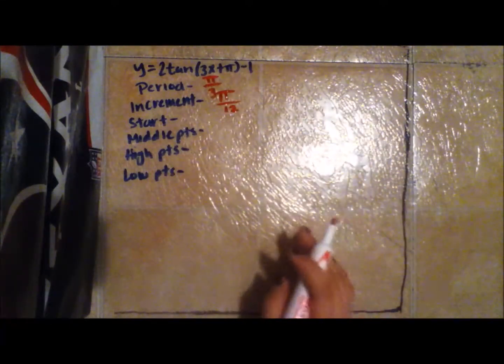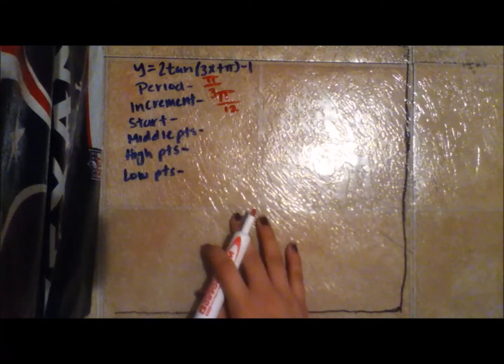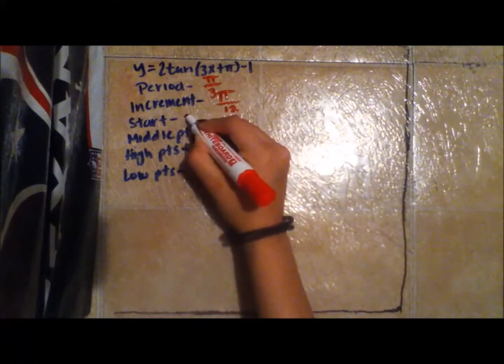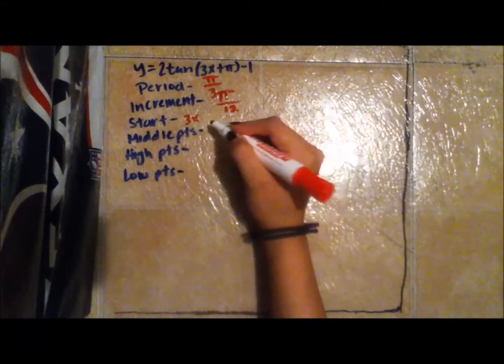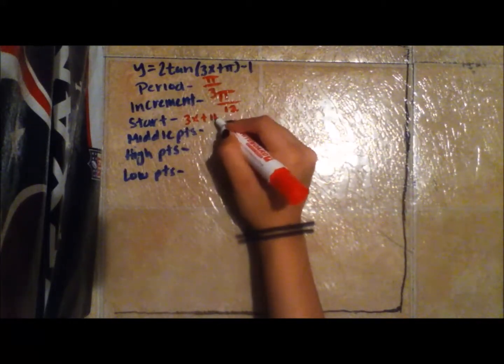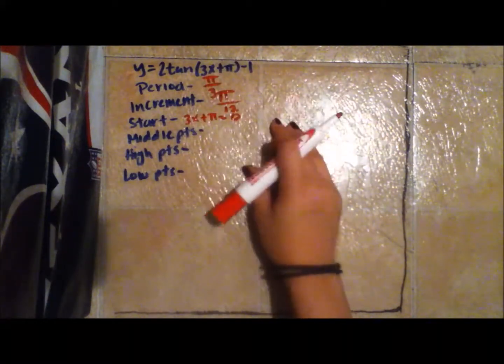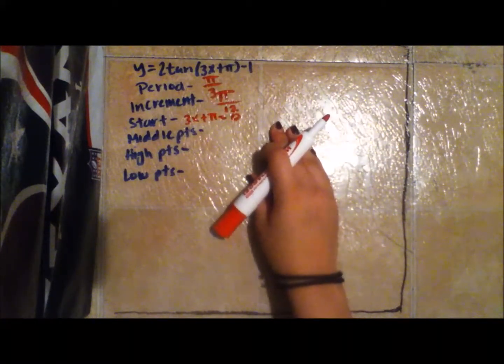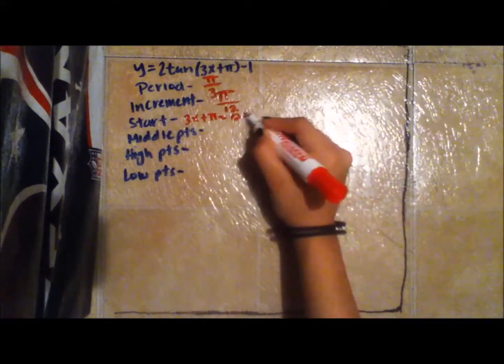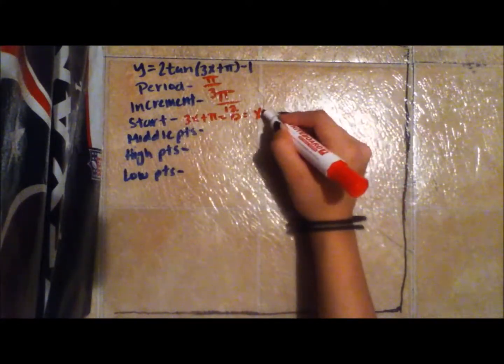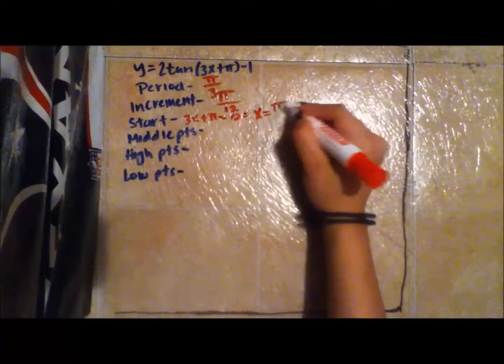Now you have to find where your graph will start, which will be 3x plus pi equals 0, because you have parentheses equal to 0, which you will end up having x equals pi over 3.